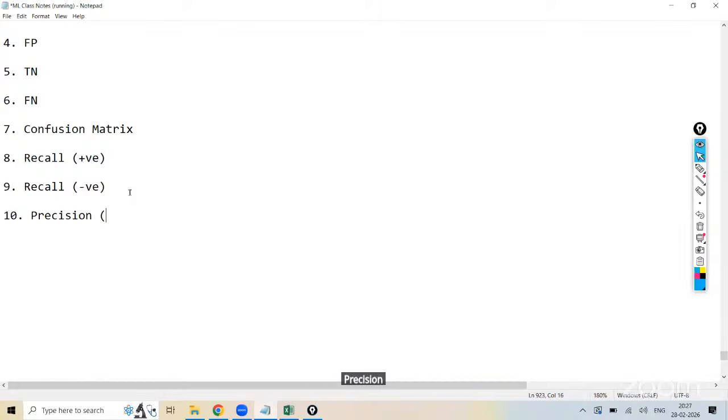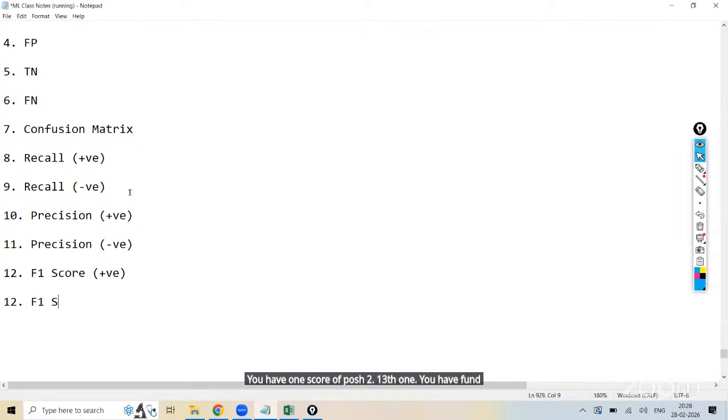The 11th one, precision of negative. The 12th one, F1 score of positive. The 13th one, F1 score of negative.